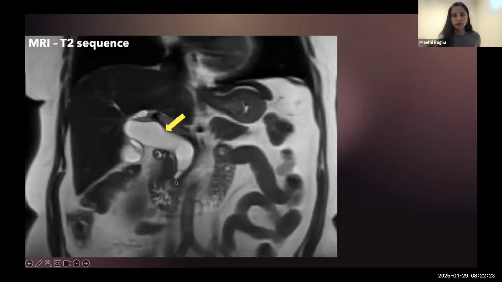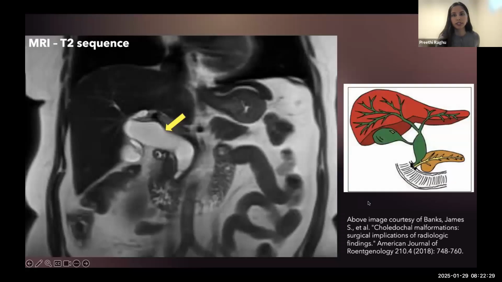So while this could be due to a benign ampullary stricture, this actually ended up being due to a choledochal cyst, specifically a Todani type 1C choledochal cyst, where we get fusiform dilation of that common bile duct. So that is another pathology that's much better assessed through MRI, because we can actually look at all the intrahepatic ducts carefully on MRCP and on those reformats.